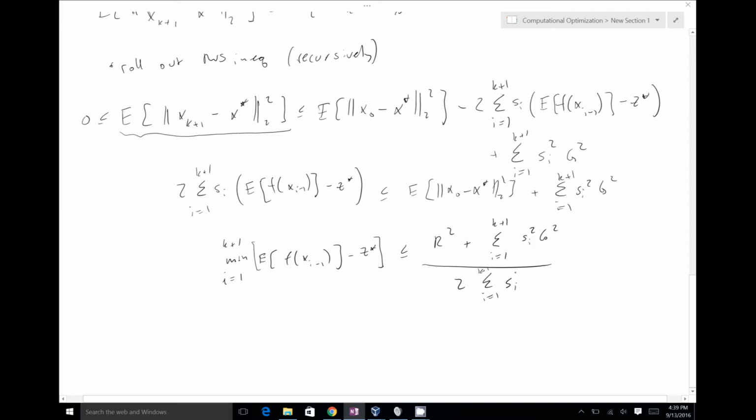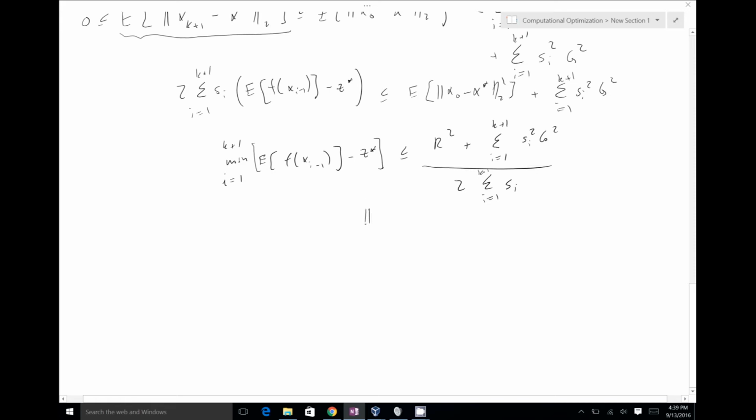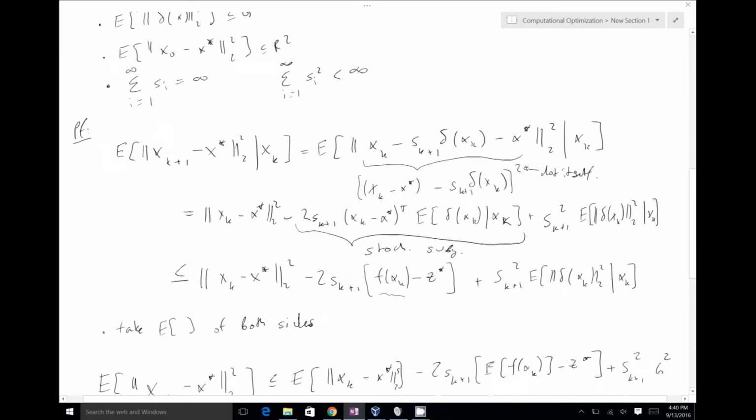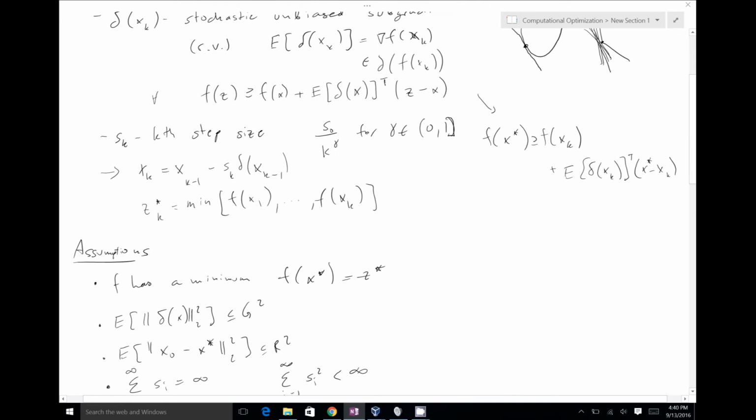So you can apply Jensen's inequality. So this thing immediately implies that this minimum goes to z star. And then if you apply Jensen's inequality, then we had a definition of z_k star. If I scroll back up here, our definition of z_k star was different.